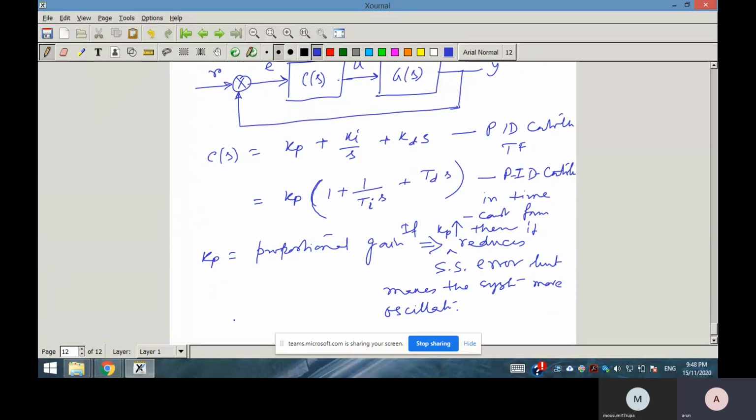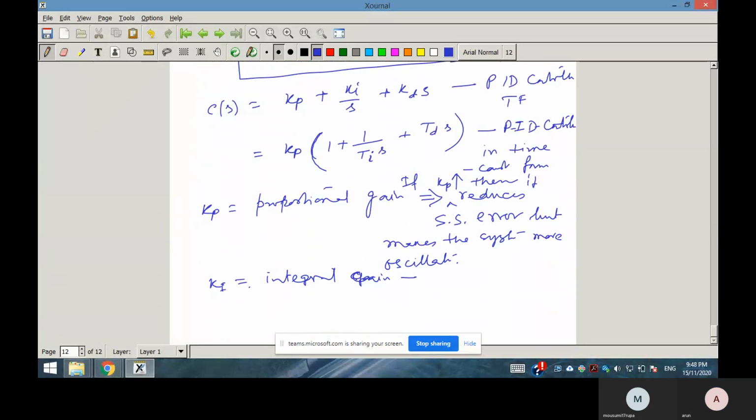Now Ki. What will Ki do? Ki is called the integral gain.